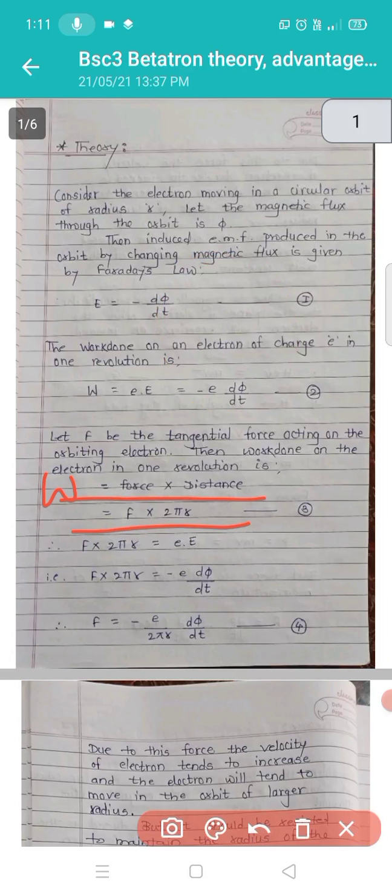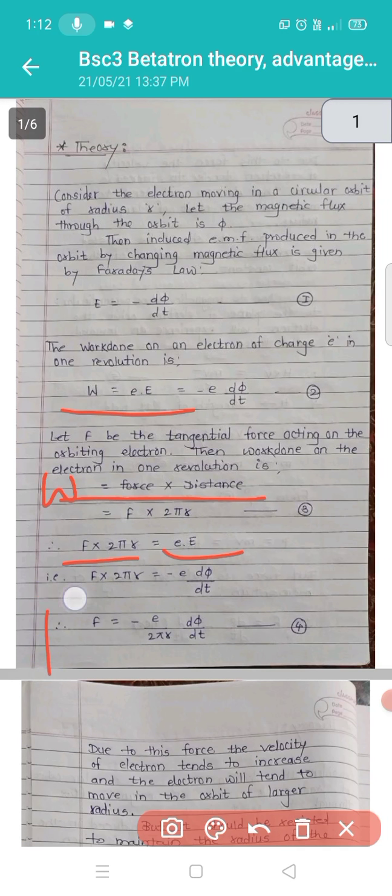So F into 2 pi r is equal to this work done. Both are work done. Equating these two, we get F into 2 pi r is equal to minus e into d phi by dt.